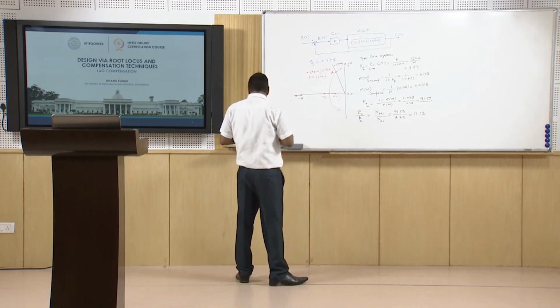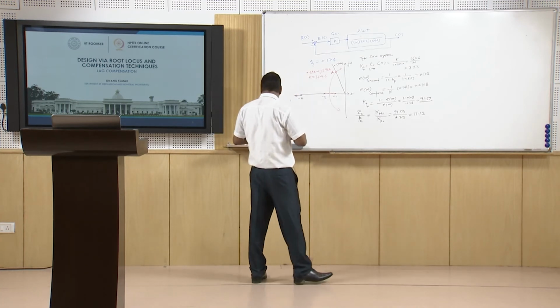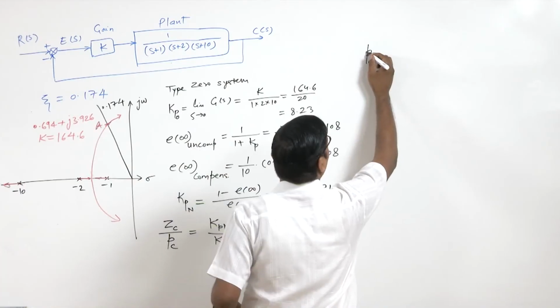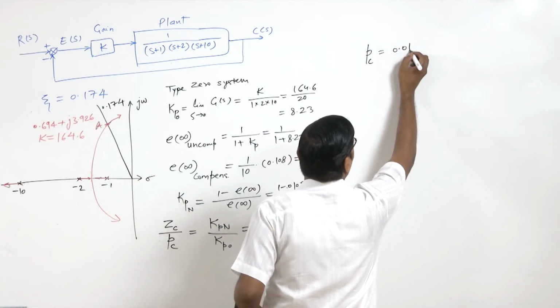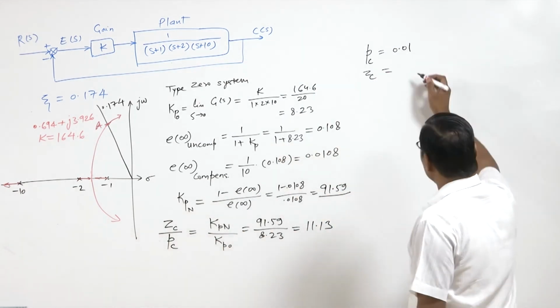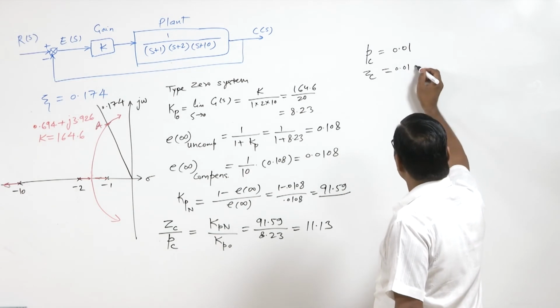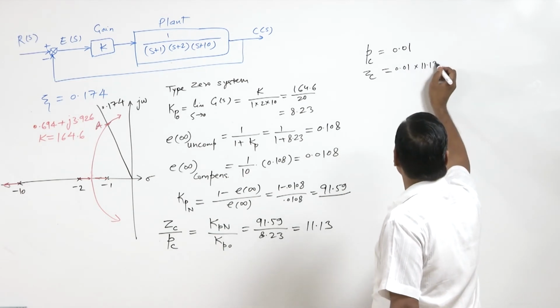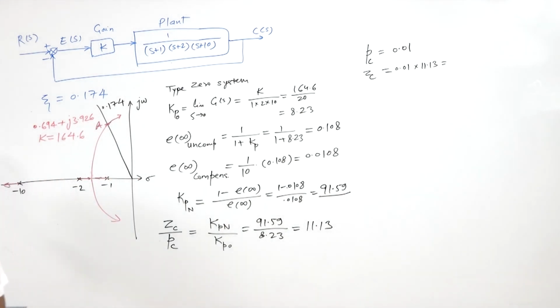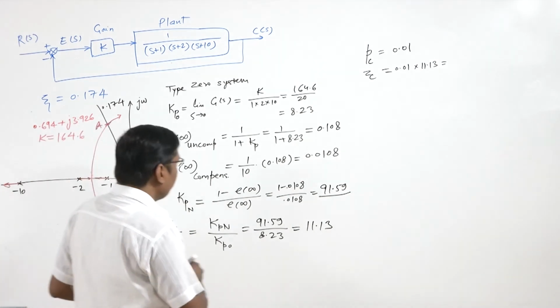So if we take Pc equal to 0.01, we can find Zc equal to 0.01 into 11.13. So we get 0.111.